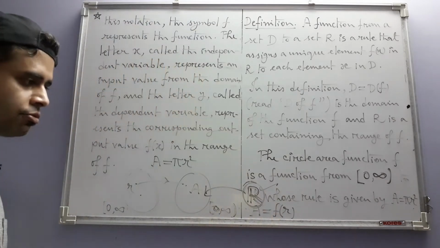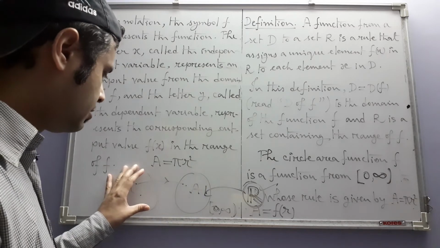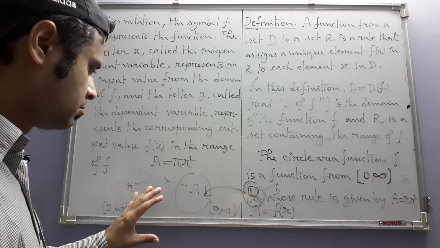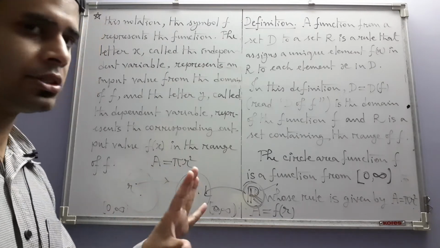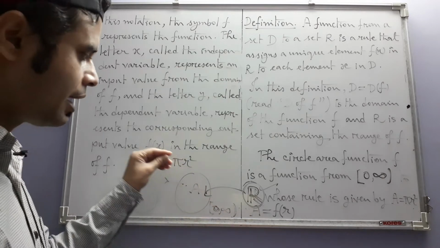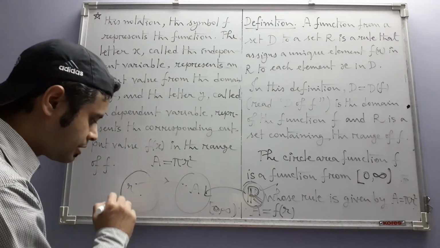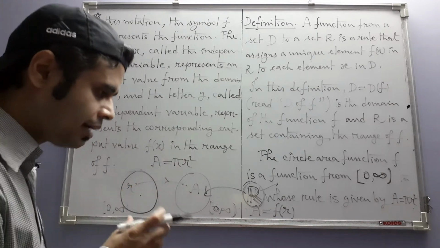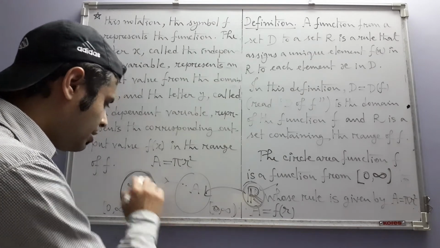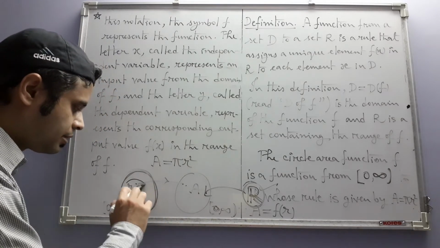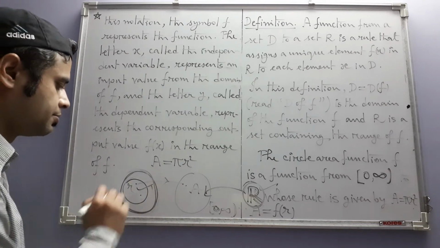And we don't usually give any name to the second set. For us, the domain is there, that is in fact, I should not say that it is the set of all possible inputs, although we are discussing it like that. The domain is the set of all possible inputs, but you can shrink the domain. You can choose to not consider all the possible inputs, but rather a subset of all the possible inputs.